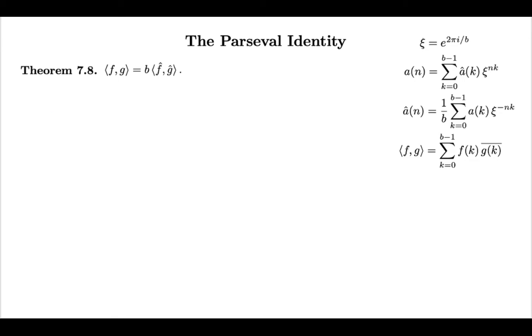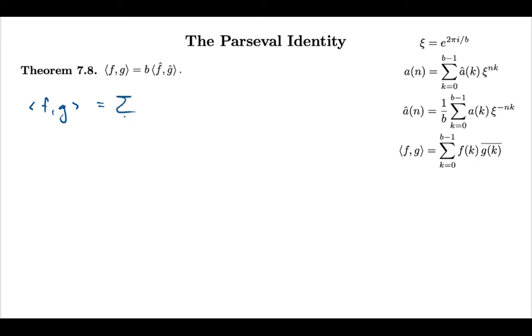Okay, let's prove this, and again, just like in the last video, I will prove things from scratch, but I want you to notice that this orthogonality relation shows up naturally, and it will play the same role as in the previous video. So let's compute the inner product of f and g. By definition, I pasted it on the right, just so you can recall everything that we've defined so far.